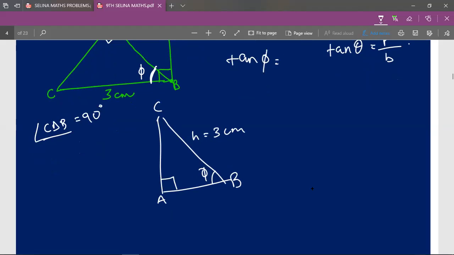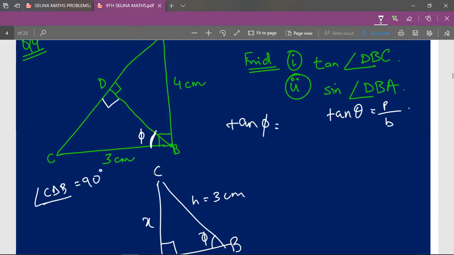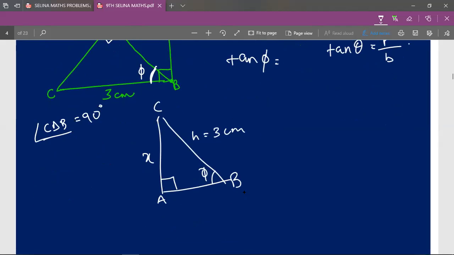In this case, I'll assume perpendicular as x. So what does perpendicular x mean? CA is a perpendicular which is equal to x. So therefore, pardon, this is not A, this is D.